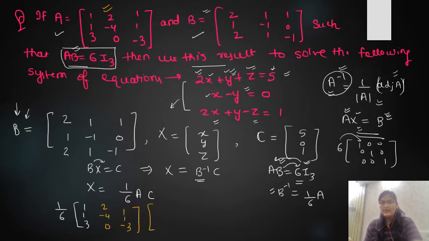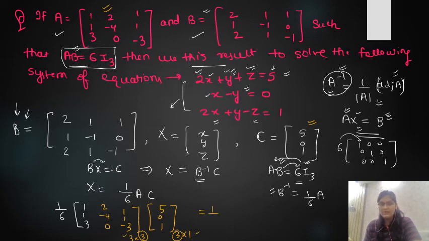This is your A. And what is C? C is this one, 5, 0, 1. Now, I'm hoping that you have already watched that video which I made on multiplication of matrices. So you can see here, this is of 3 by 3 order, and this matrix is of 3 rows and 1 column. So the resultant will be of, the inner dimensions will be nullified, so 3 by 1.